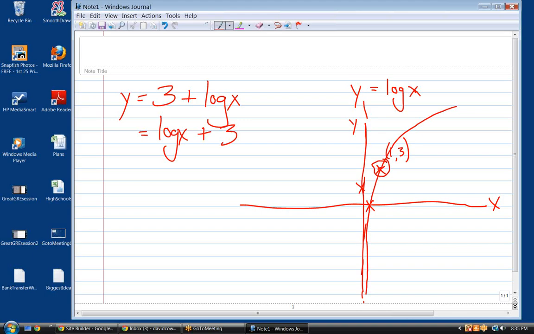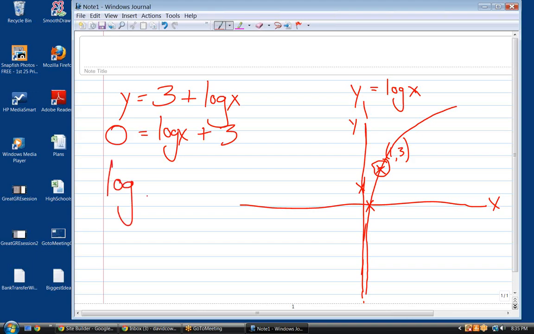So how would we figure out where it crosses the x-axis? Plug in x is 0, or y is 0? Y of 0. In other words, it crosses the x-axis when y is 0. So solve that. Okay.